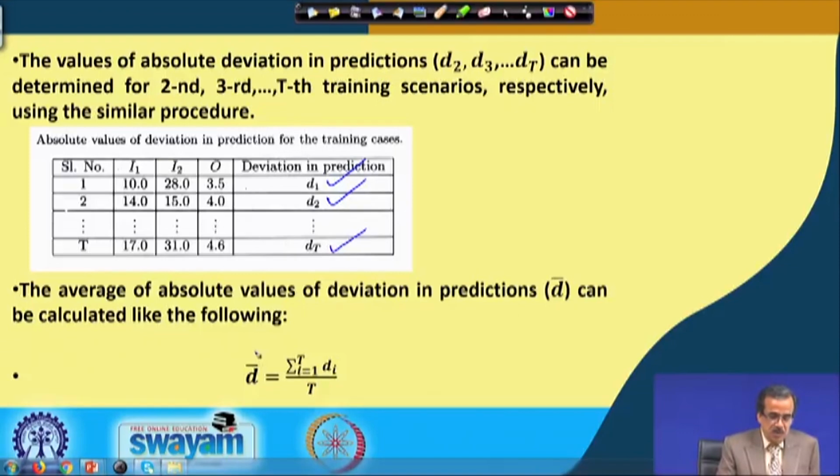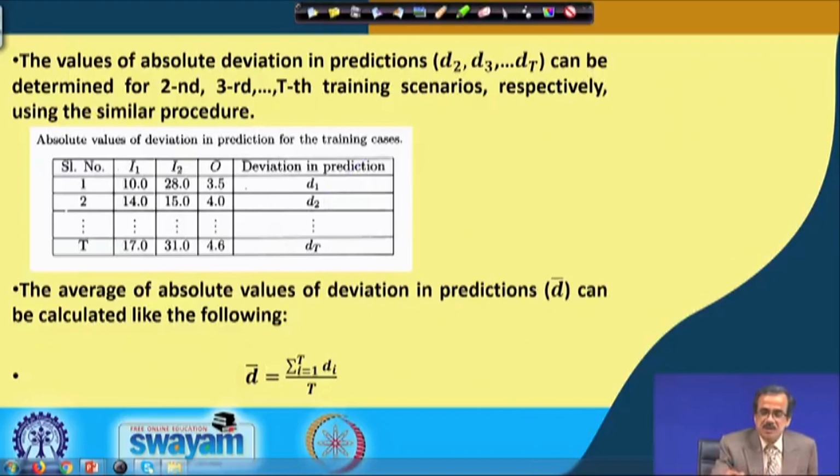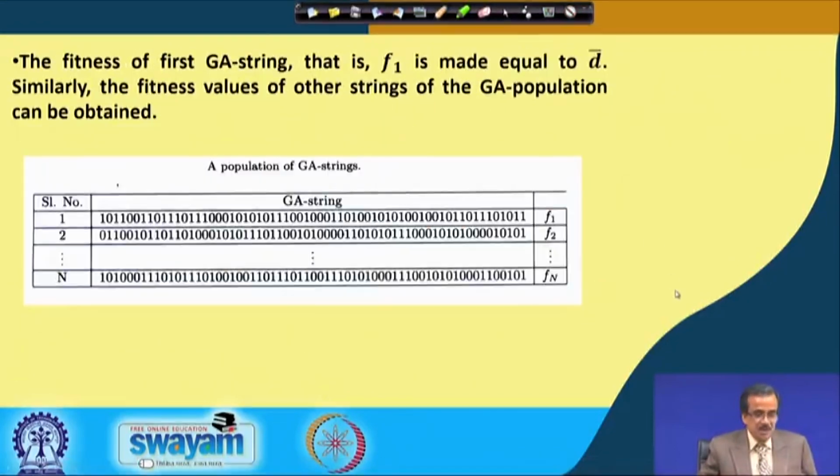Now, we try to find out the average deviation, that is the sum of all d values divided by the number of training scenarios, that is t. So, I can find out this average deviation, that is d bar, and this average deviation is the fitness for the first GA string.